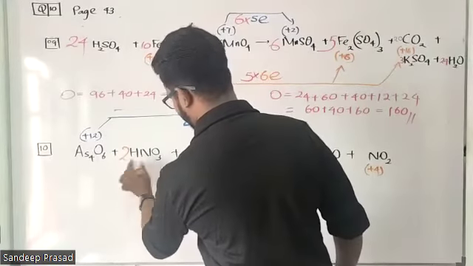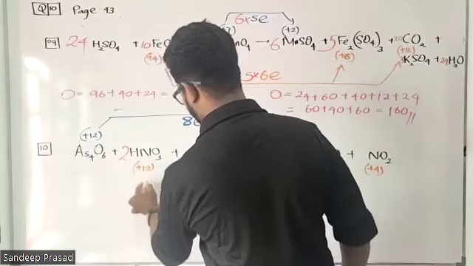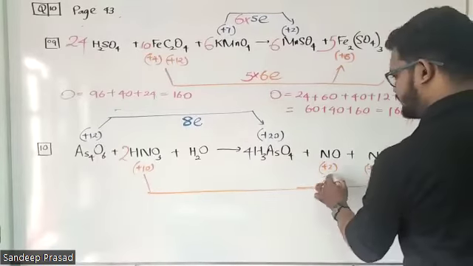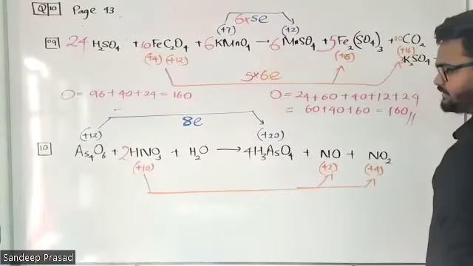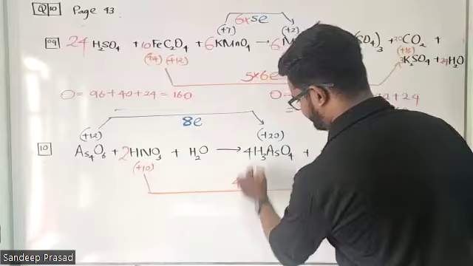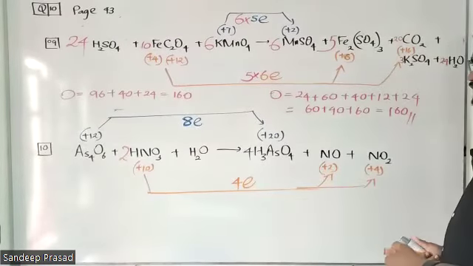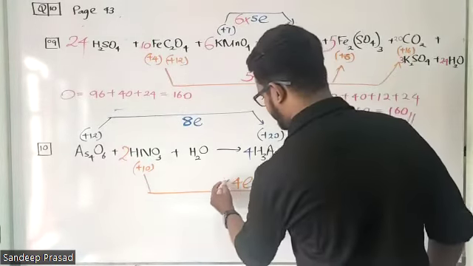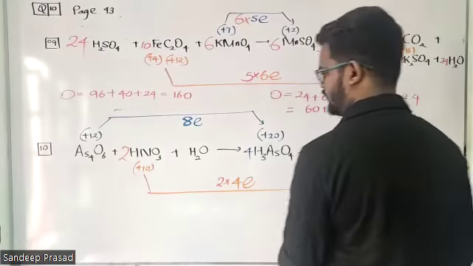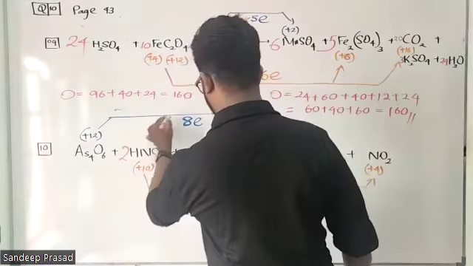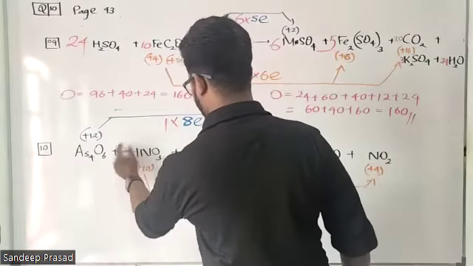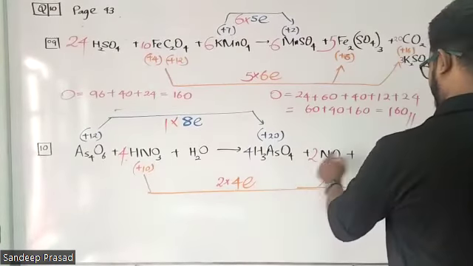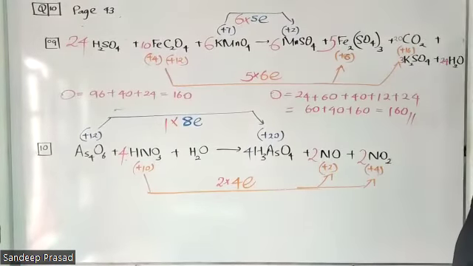When you take the 2 nitrogen atoms here, plus 5 into 2 is plus 10. Then when you consider the total decrement, plus 10 to plus 6, decrement is 4. Right? Then you have to multiply this one by 2. That means you are multiplying this one by 2 and this one by 1. That means 4 here, 2. Okay.